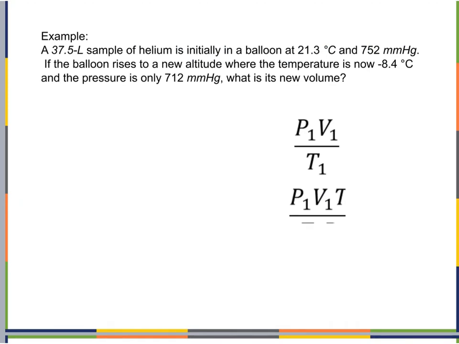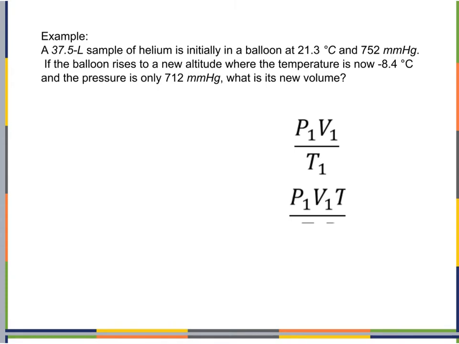So what does this look like? If we have a 37.5 liter sample of helium, and initially it's in a balloon at 21.3 degrees C, 752 millimeters of mercury. The balloon rises to a new altitude, and the temperature is now minus 8.4. The pressure is only 712. What's the new volume?